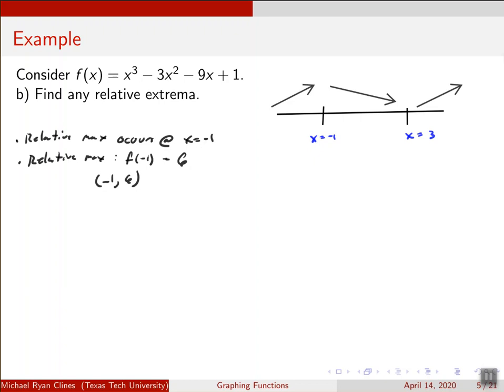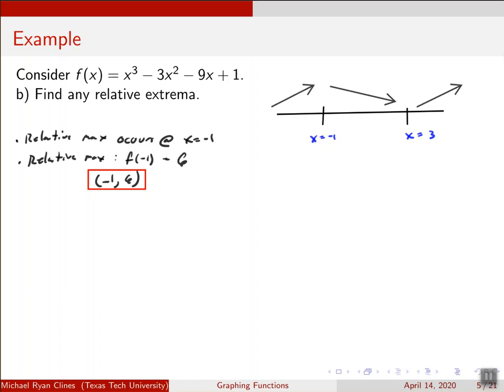But if you're just told to find the point, then this is what you're looking for right here. This point, (-1, 6). Because this tells you where it is, and this tells you what the relative maximum is equal to. So when you're asked to find the relative maximums, write them as points, where it occurs and what the value is.